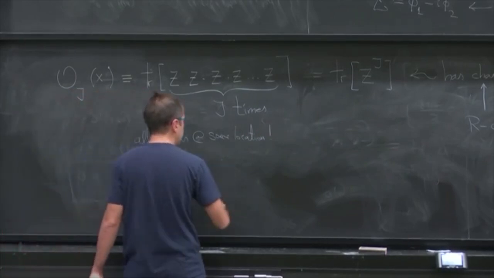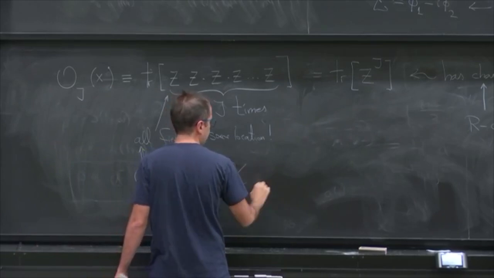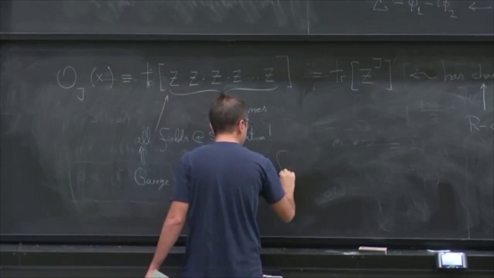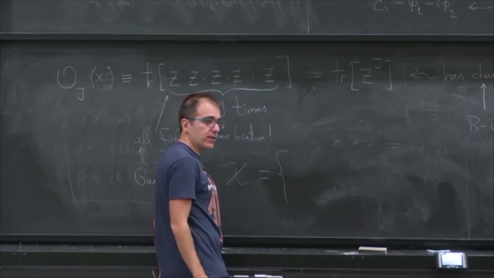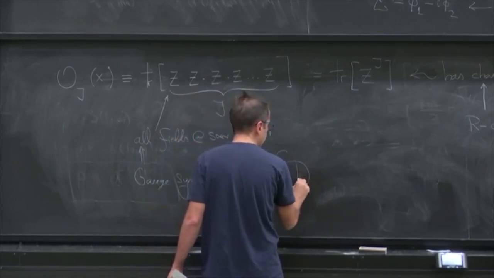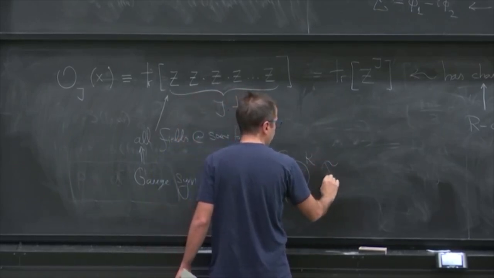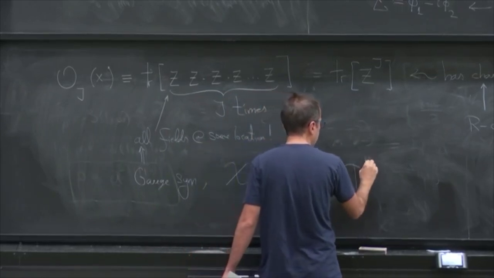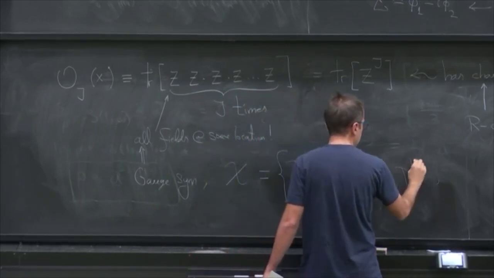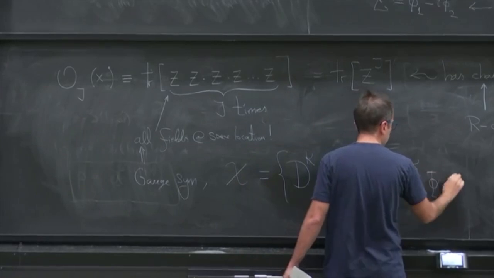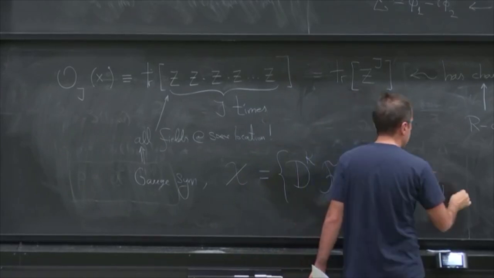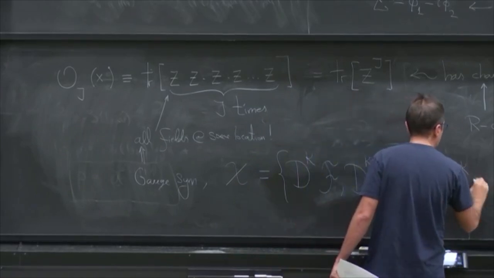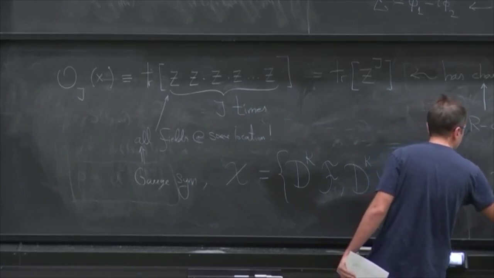Namely, each field chi, where chi is one of the fields that we made this list of with oscillators last time. So it can be any of the list. Let me write them down. D^k of F, it can be D^k of psi, it can be D^k of phi. In particular, k can be 0, and then it's what we are discussing. It can be D^k of psi bar, and finally it can be D^k of F bar.